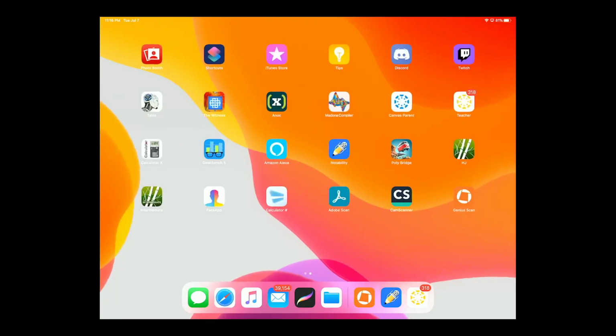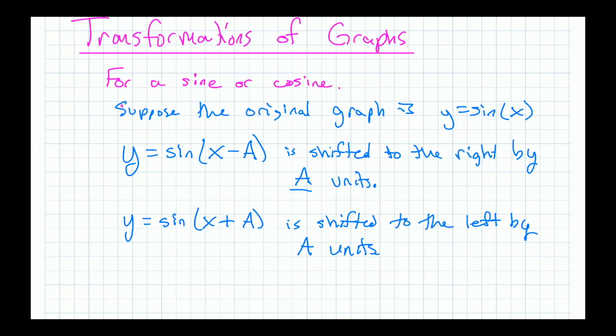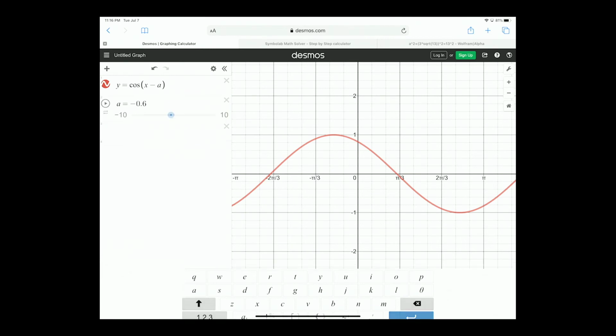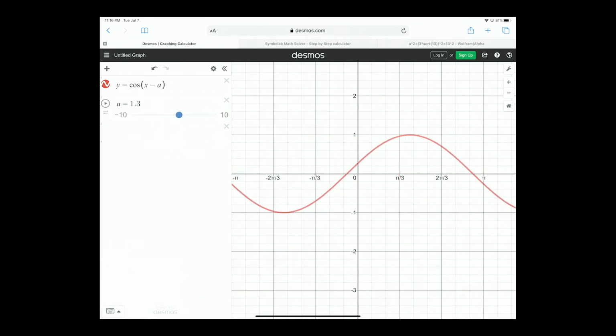And we saw here that a plus moves it to the left. And so the way I wrote it, if I put a negative for a, that is a plus. So that's why negative values for a here move it to the left. So that just slides it left and right. That's what adding a number right there does.